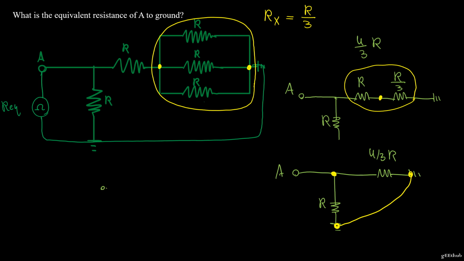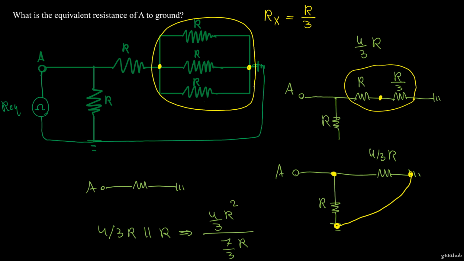So my final resistance I can replace this entire circuit with is going to be 4/3 R in parallel with R. So that's 4/3 R squared over 7/3 R. Using the parallel equation, I can cancel out some stuff, and I can get 4 over 7 R. So my resistance from point A to ground is 4 divided by 7 R.